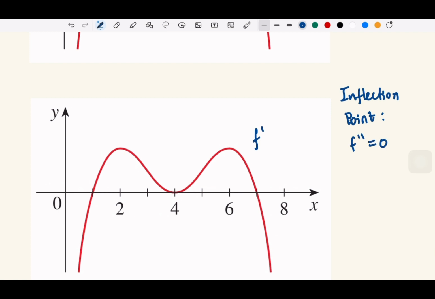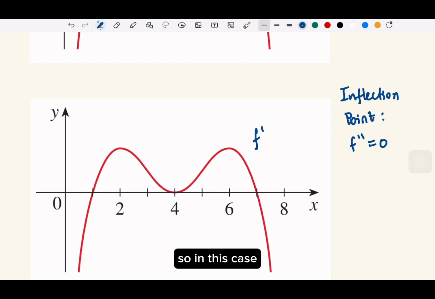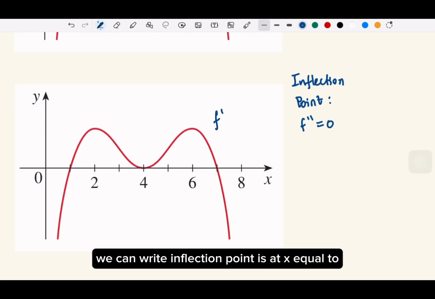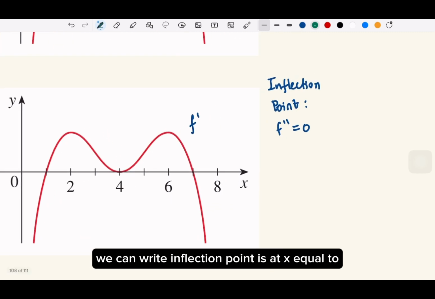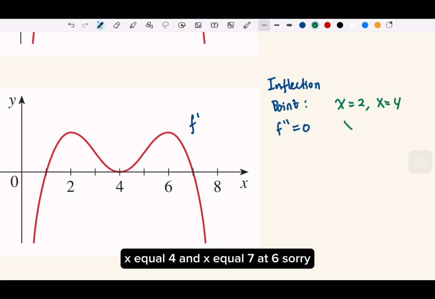In this case, the second derivative is 0. So if this is f prime, then the second derivative is the slope, right? The slope 0 is this, and this. So in this case, we can write inflection point is at x equal 2, x equal 4, and x equal 6, sorry. Okay, this is f prime.